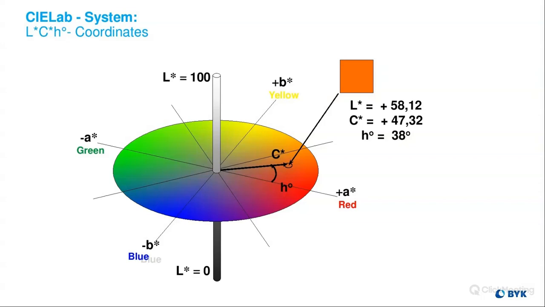Gotcha. That makes sense. And how does this work with instrumentation, whether it's ours or one of our competitors? Do you set the actual color equation in the instrument, or how does that work? Yeah, so with the newer instruments, everything is divided up mathematically.